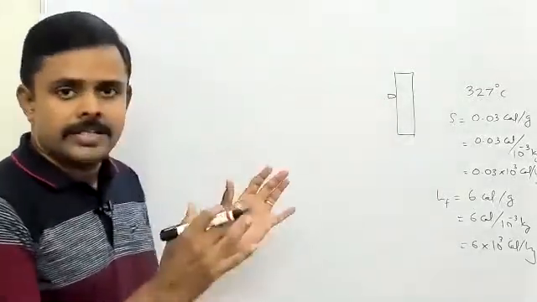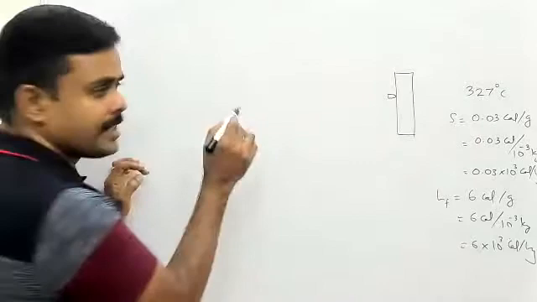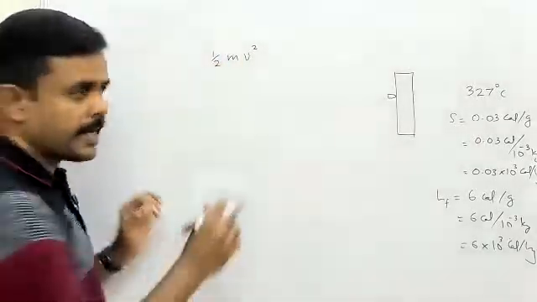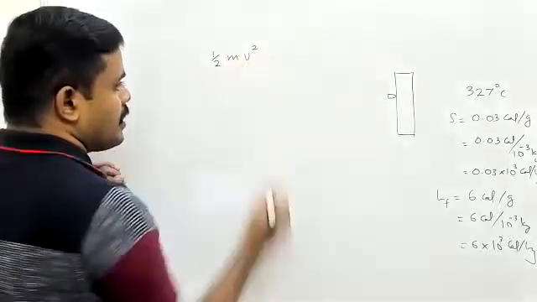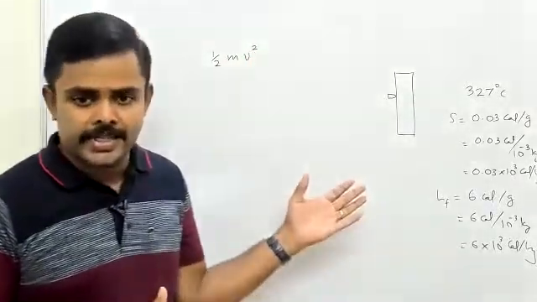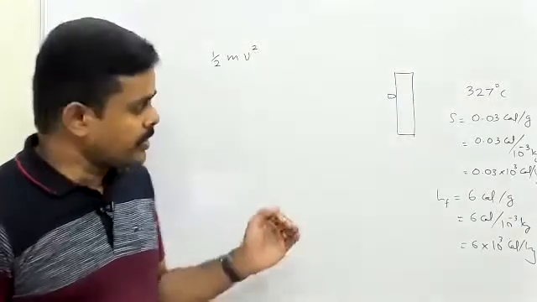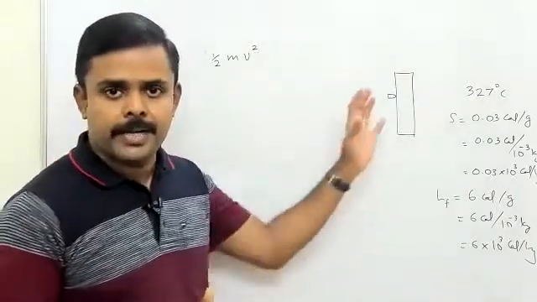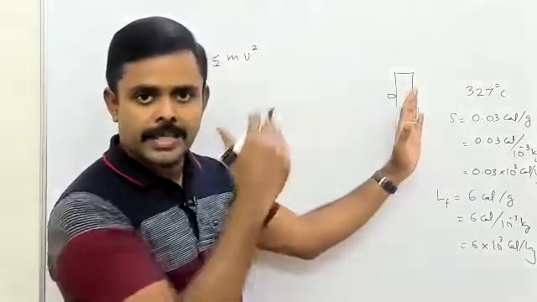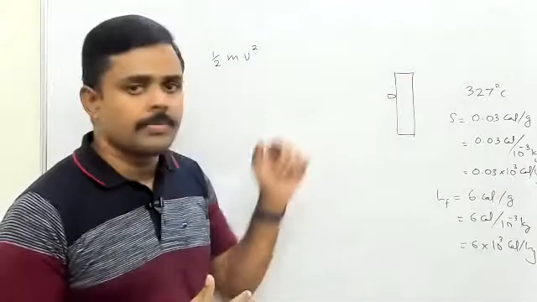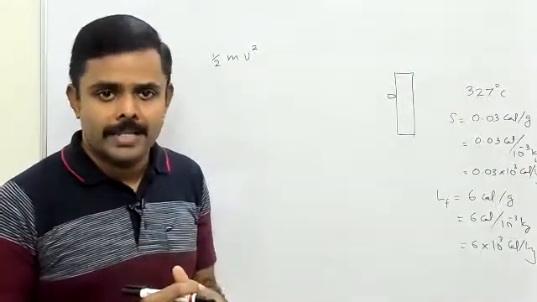Out of the total energy, the bullet was coming with a kinetic energy of half mv square. The bullet was moving and hence had a kinetic energy. The kinetic energy was half mv square, out of which 25% was taken by the obstacle. The rest 75% is still with the bullet and that is used to melt the bullet.